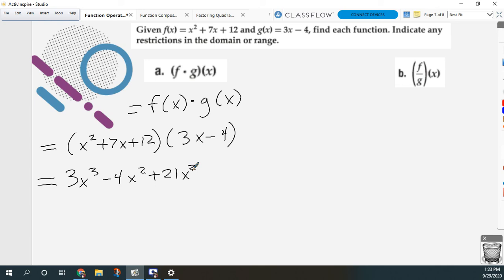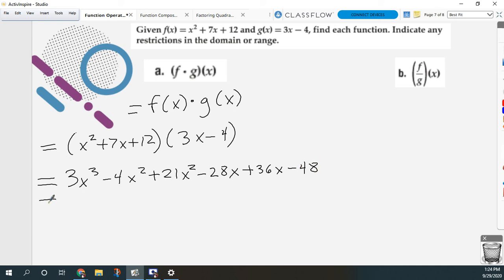7x times negative 4 gives us negative 28x. 12 times 3x gives us a positive 36x. And then negative 4 times 12 gives us a negative 48.